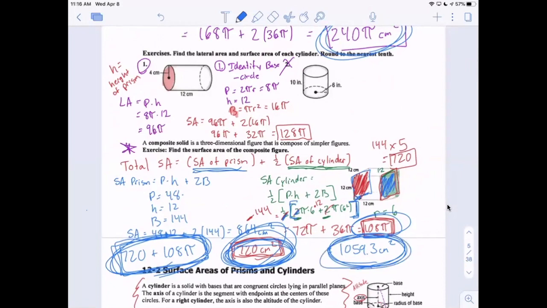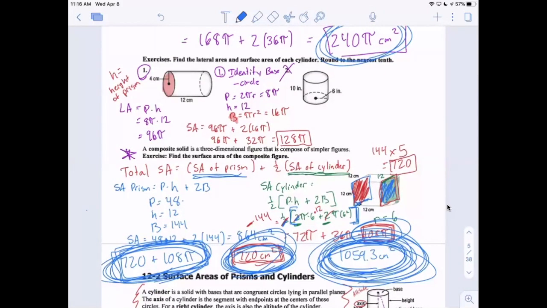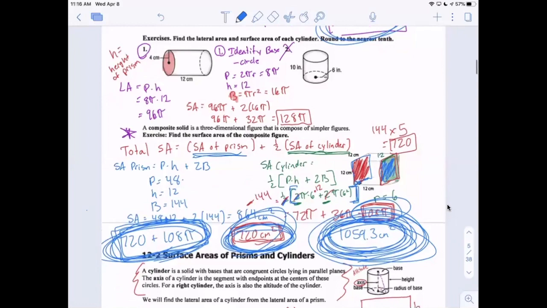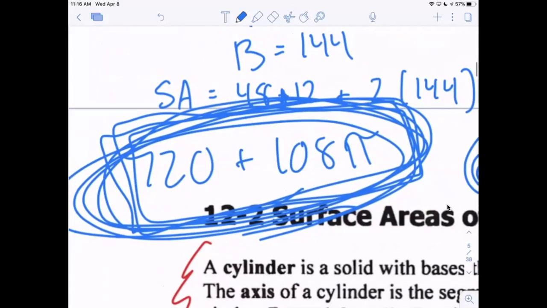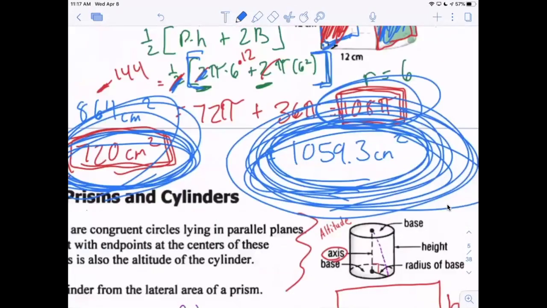This one might look a little bit better. I won't be too nitpicky, but just make sure whatever it says, if I say keep your answers in exact form, this is the exact form. If I say round to the nearest tenth, then round to the nearest tenth.